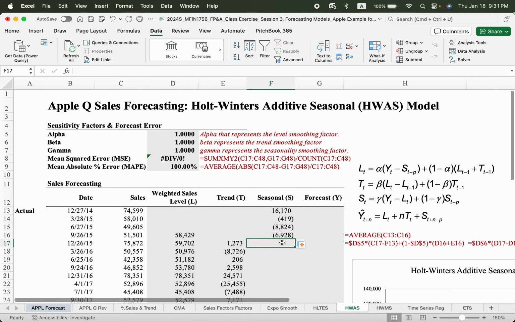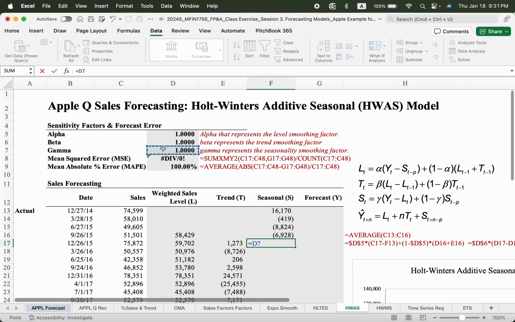And now let's get started. The application of this equation. So gamma, which is the seasonality smoothing factor, we'll find using the Solver.